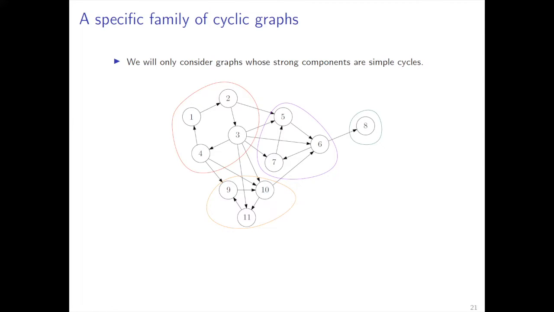All right, and this includes the case of directed acyclic graphs, in which case the strong components are just vertices. So it's just one vertex. And it is easy to describe the equivalence class of such a graph, because you just have to reverse one of these cycles.